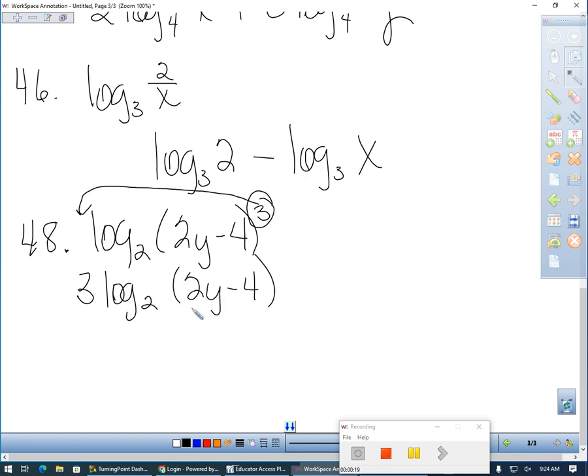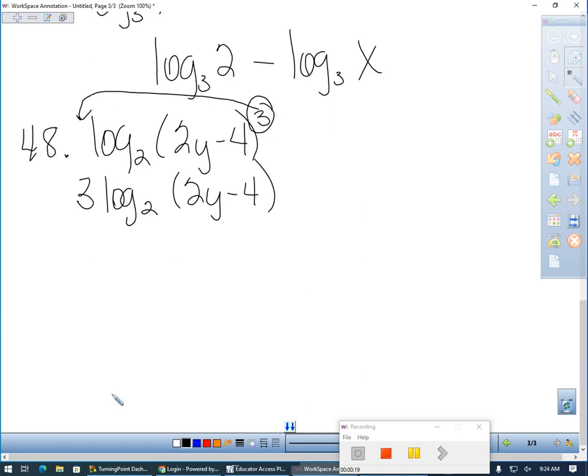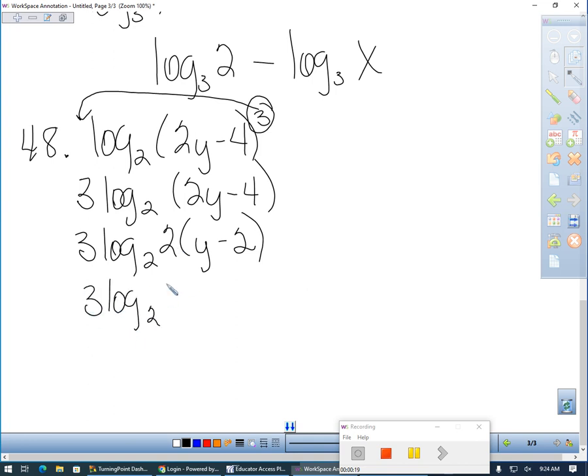Now, usually when it's all grouped with a parenthesis, we can't separate it. But you might notice there's something we can undistribute here. I have 3 log base 2 of 2 times y minus 2, which means in the log world, we're actually adding. So I have 3 log base 2 of 2 plus 3 log base 2 of y minus 2.